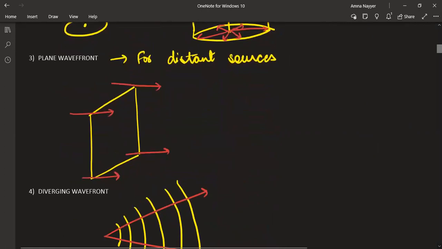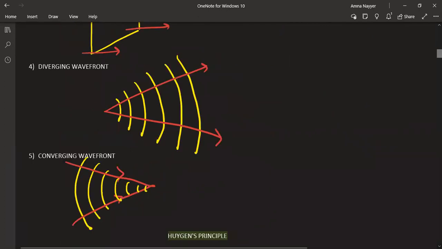If it's a very, very distant source, meaning your source is located at infinity, then we get a plane wavefront. If the source is producing diverging rays, you get diverging wavefront. If the source is producing converging rays, you get converging wavefronts. So these types of wavefronts are available.